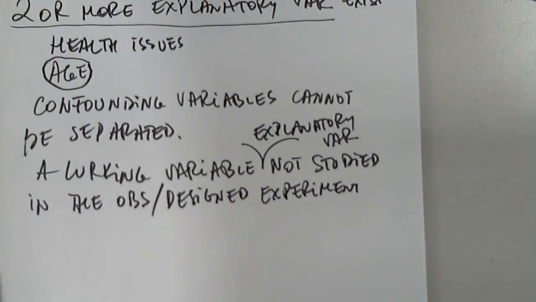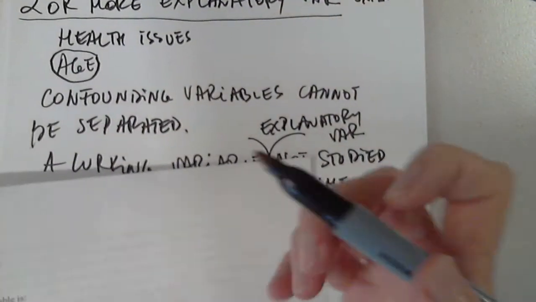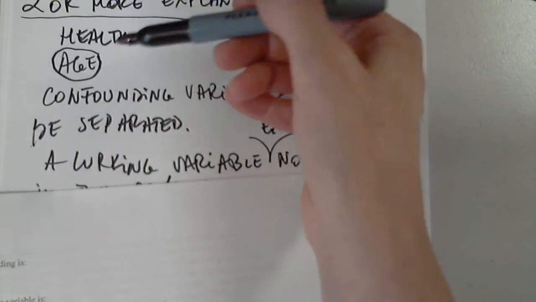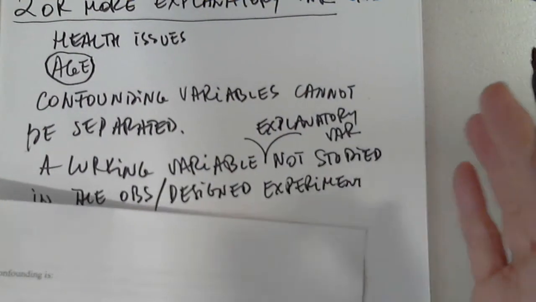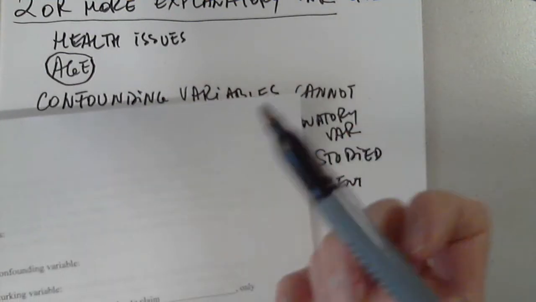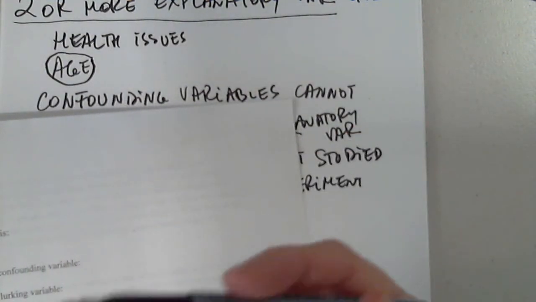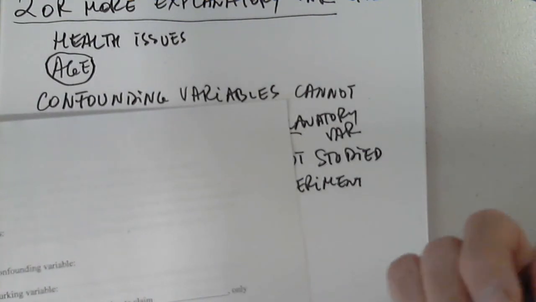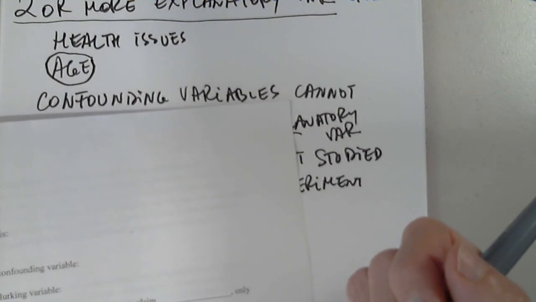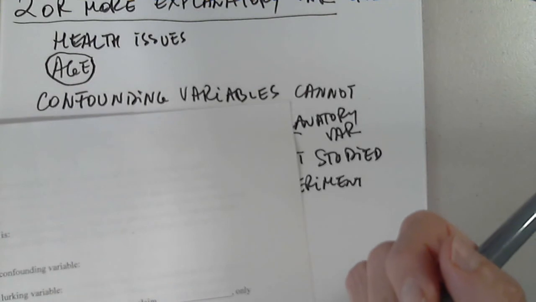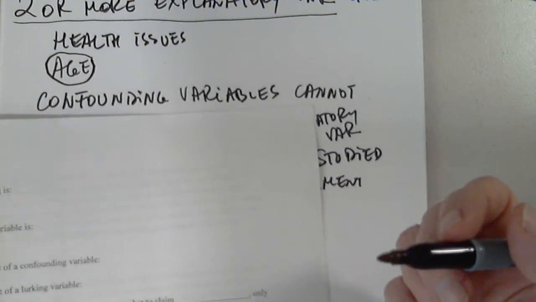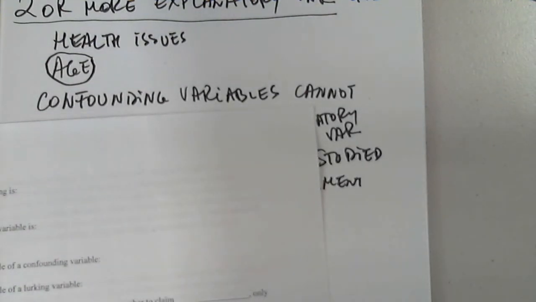So examples of a confounding variable we already have, like age and habit of smoking. The example of a lurking variable could be age. Again, it could be health status, or depending on the age of the individuals, it can be other things.